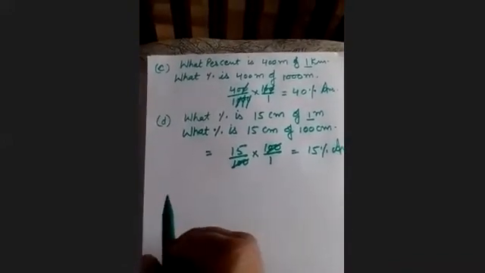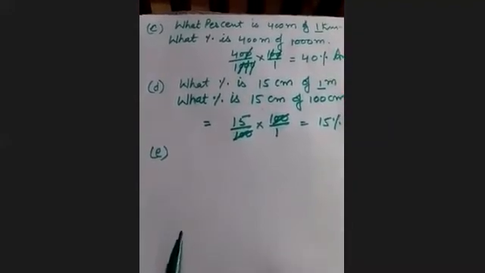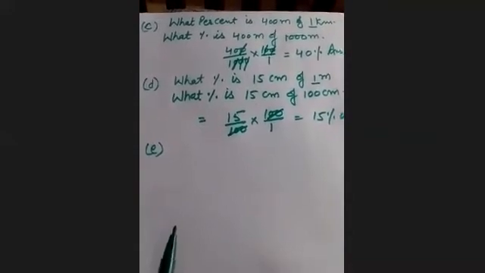Next is part E. Part E is what percent of 3 millimeter of 1 centimeter? So students, in 1 centimeter we have 10 millimeters.